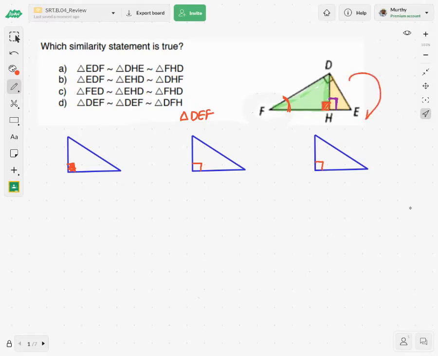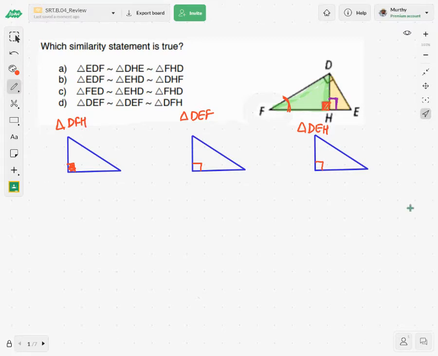The triangle painted in yellow color is DHE or DEH. As I told you, I'm not worried about the order at this point. The triangle painted in green color is DFH; you can write it in any order at this point. We can fix it at the end.